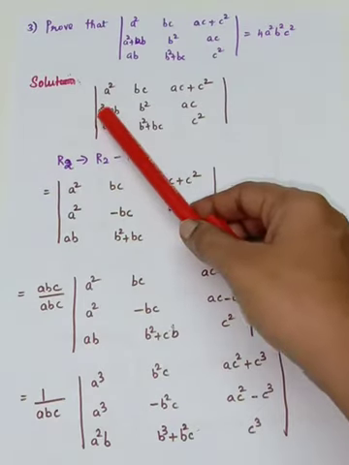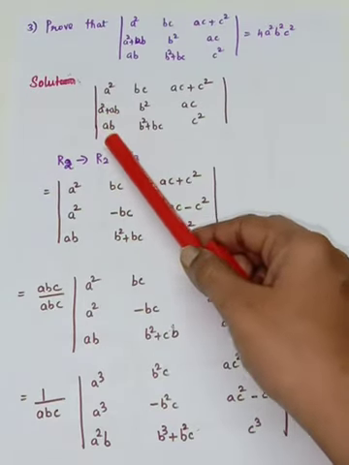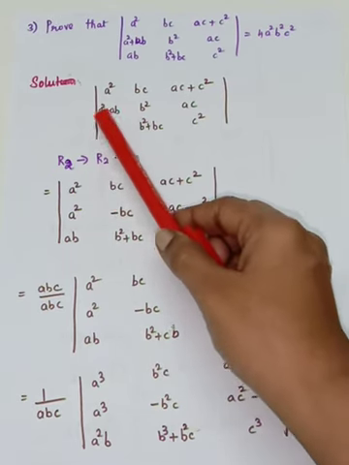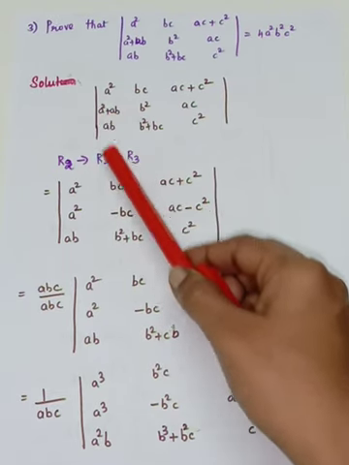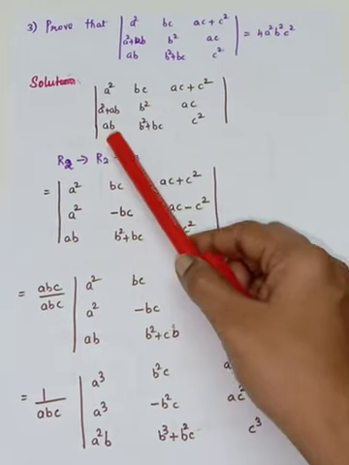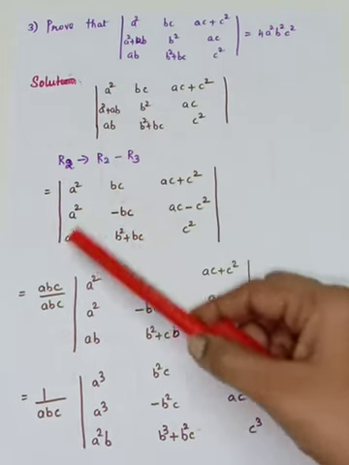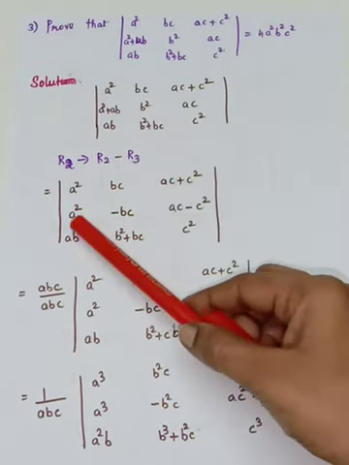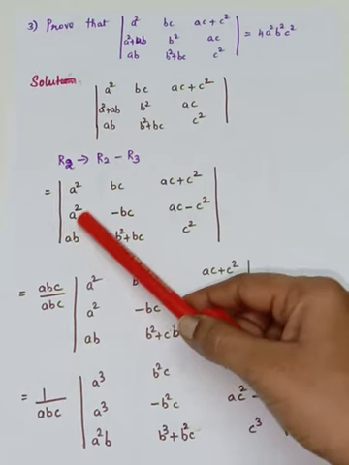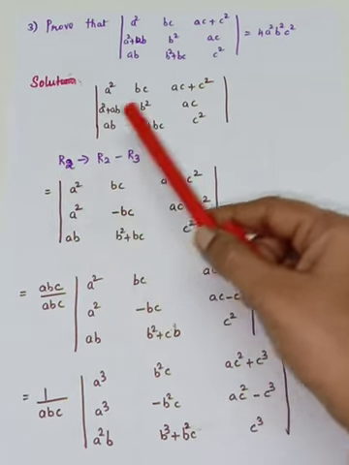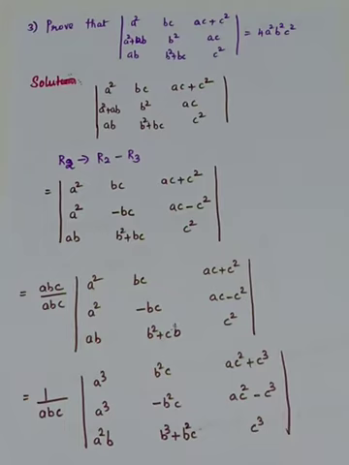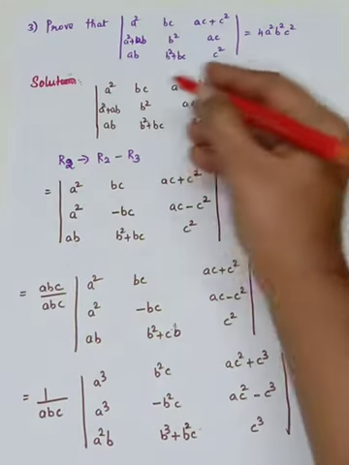So A squared plus AB minus AB. R2 is A squared plus AB minus R3, which is AB. So AB minus AB getting cancelled, you will have A squared. So that A squared, the answer is written in R2. In the same way, you see how the rough work has to be done.